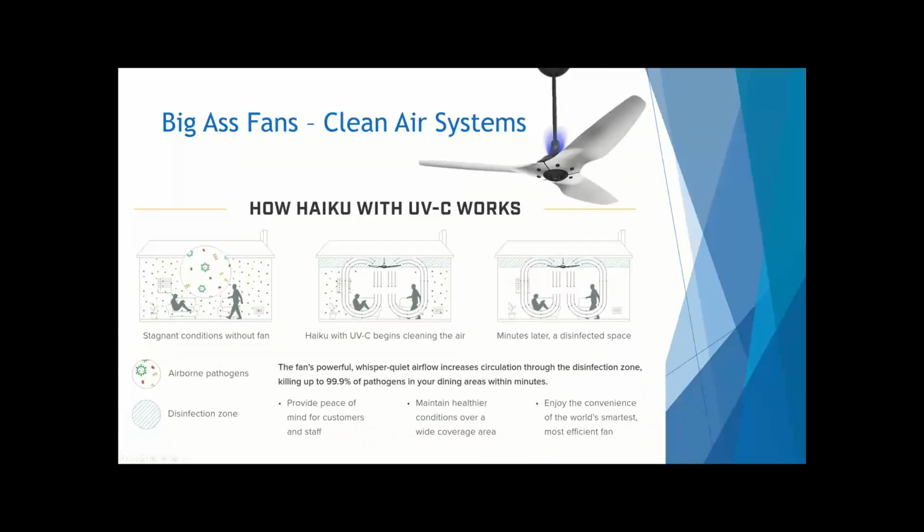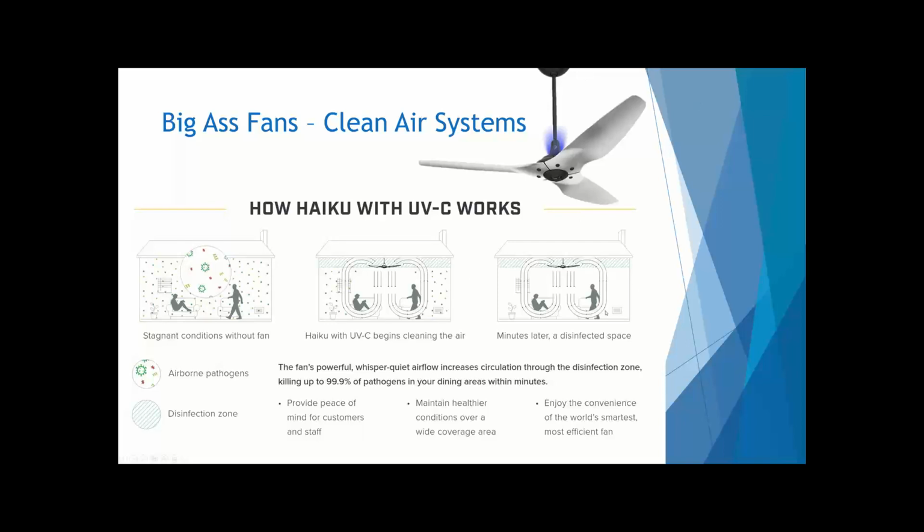Along those lines, Big Ass Fans has been able to provide Haiku, which is their residential fan, but it can be used in commercial applications as well. They have an uplight for it, which typically provides an architectural uplight, but now they've actually been able to retrofit that and provide it new with a UVC light instead. That UVC light basically cleans the air as it's going through.